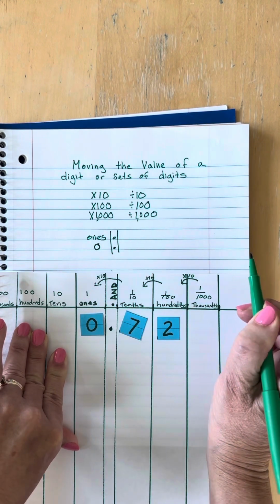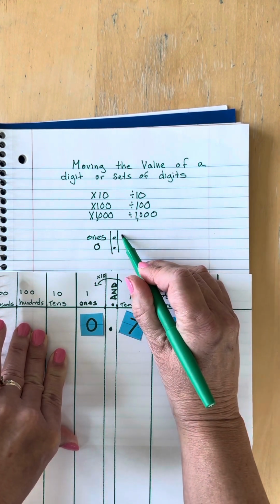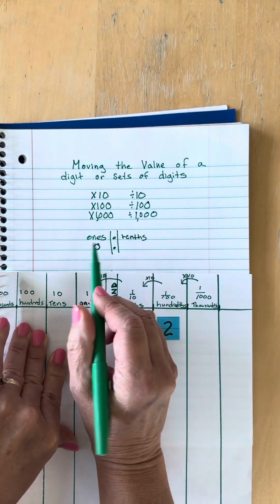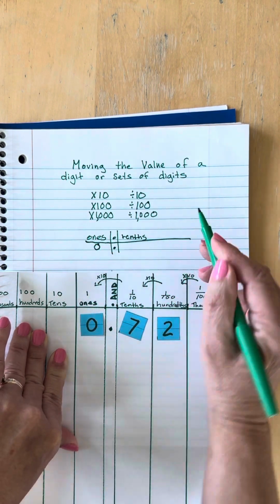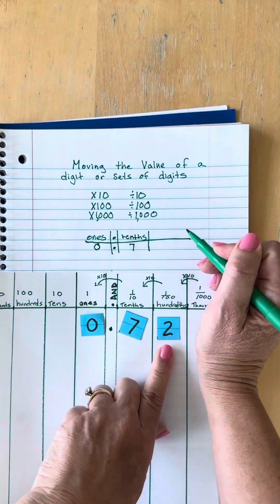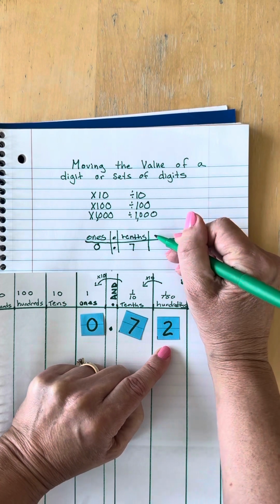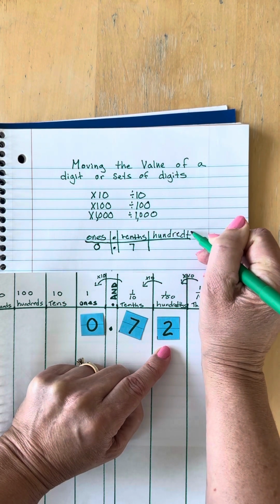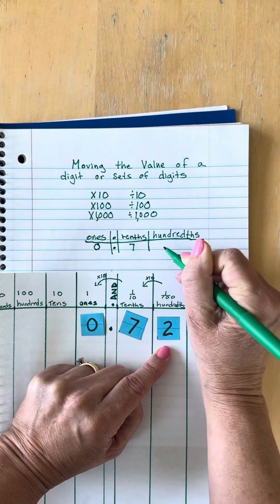Here I have my tenths, and I have the value of 7. And here I have my hundredths, and it has the value of 2.